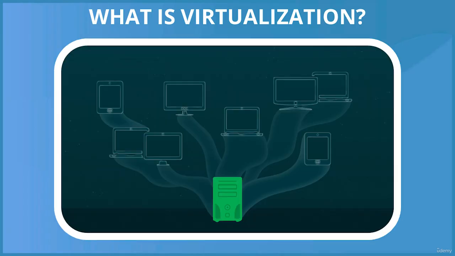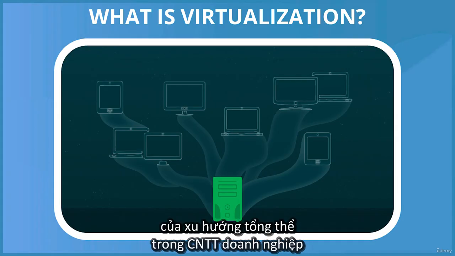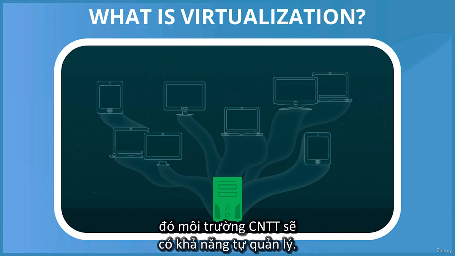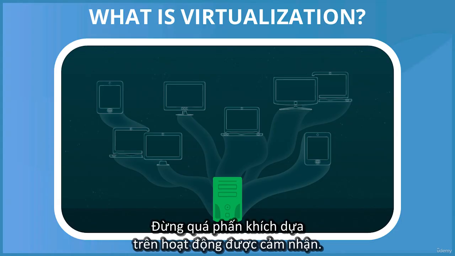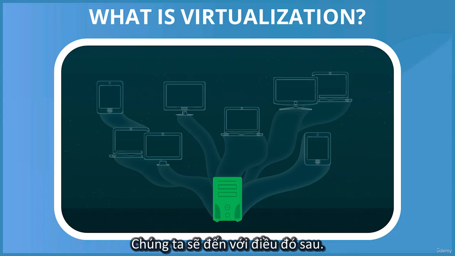See, so virtualization can be viewed as a part of an overall trend in enterprise IT that includes autonomic computing, a scenario in which the IT environment will be able to manage itself. Don't get too excited. Based on perceived activity. See, so it's all about perception. We'll get to that later.